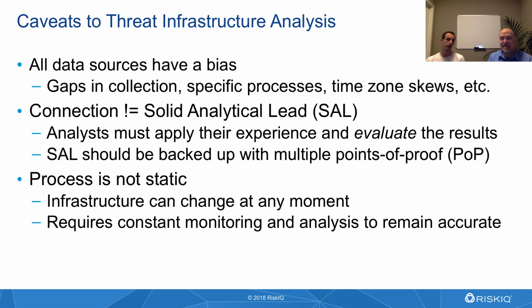So the next one that we have here is that a connection is not necessarily equivalent to a solid analytical lead. What I mean by this is, let's say you're looking at your web server logs at your company, and you see an IP address in there that's conducting some sort of attack, or trying to conduct an attack on your infrastructure. And that IP address is associated back to Russia.